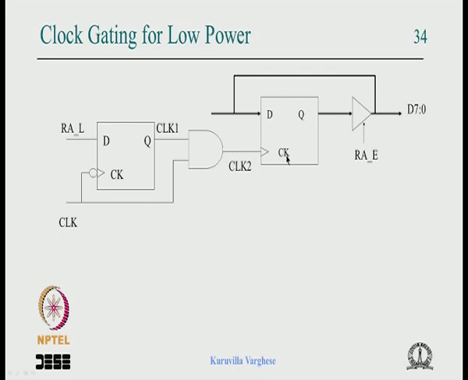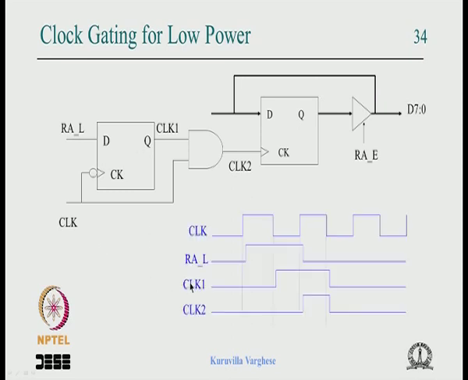There is no issue with the timing. The only thing is that it uses an additional flip flop for a set of registers; there could be 16 flip flops and one additional flip flop is required. We can say we require an additional flip flop for each control signal to resynchronize. That is the basic idea of clock gating for low power.